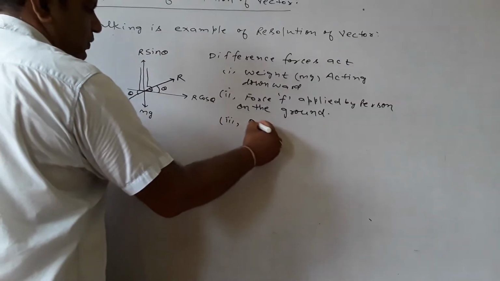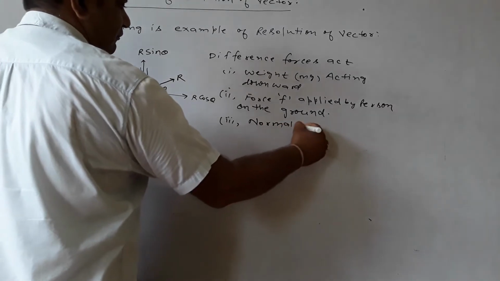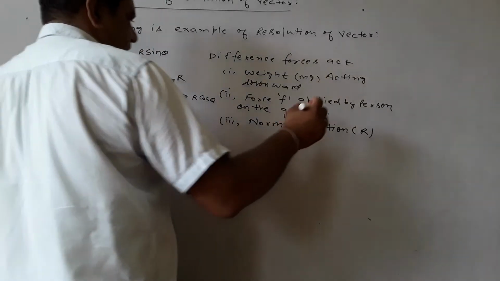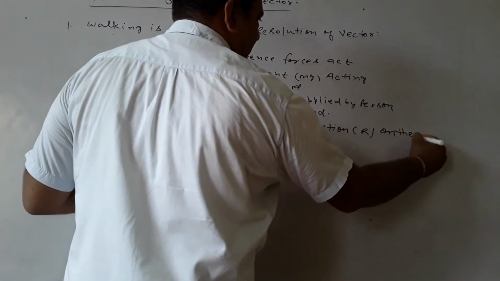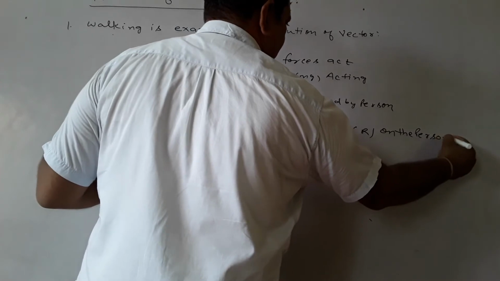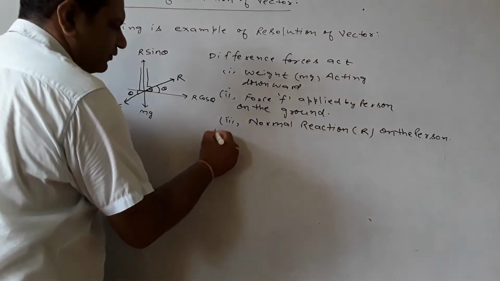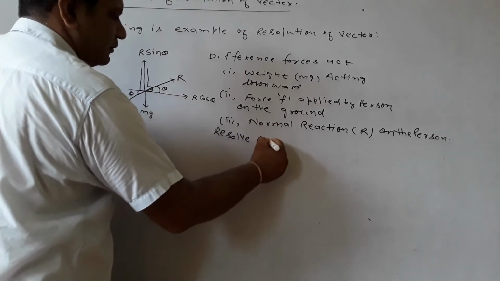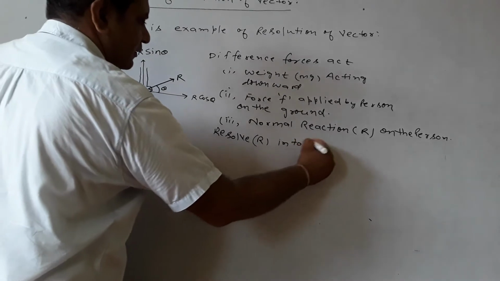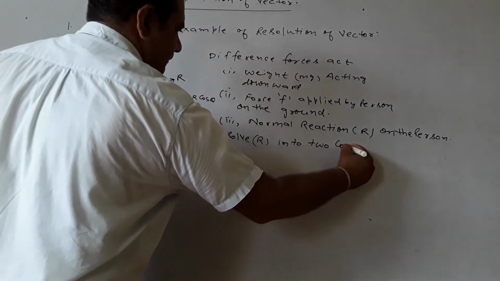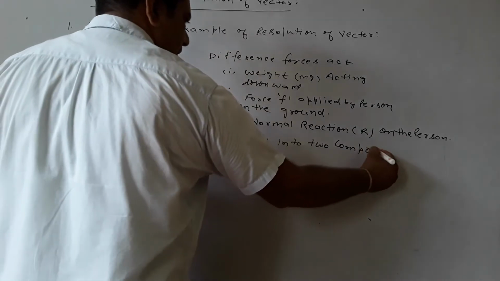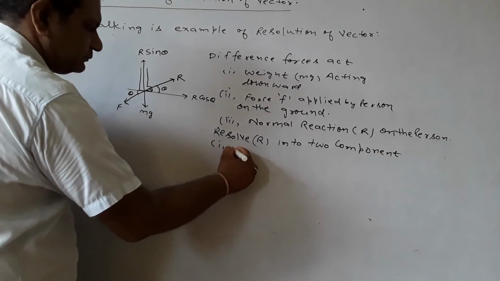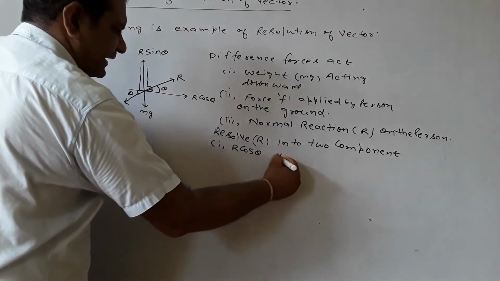Third, normal reaction capital R on the person. Resolve capital R into two components: first R cos theta, second R sin theta.